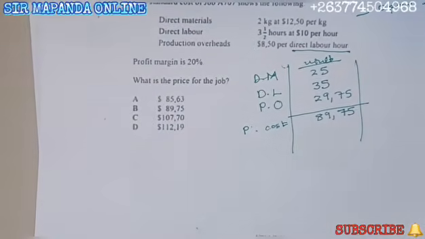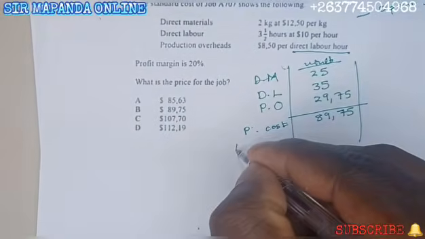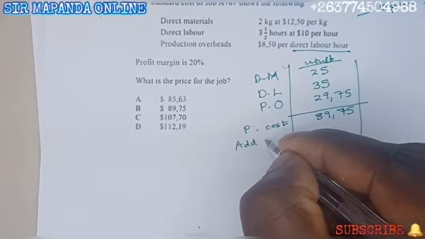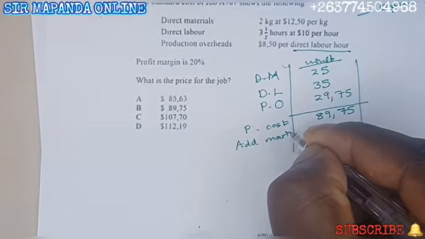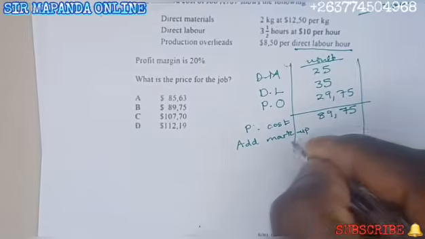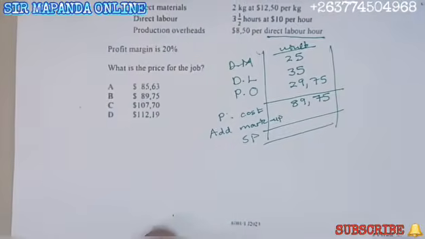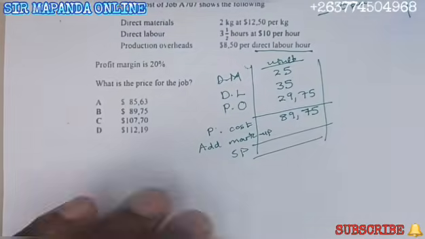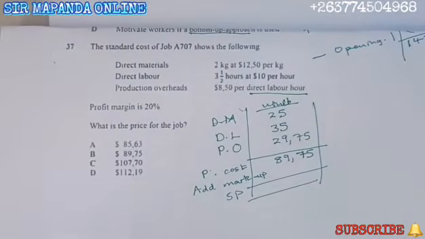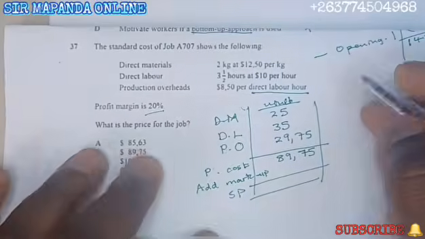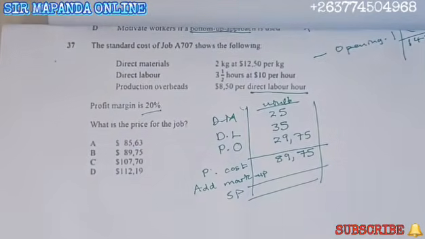So to get the selling price, you need to add markup to the cost. For you to get the selling price, you need to add a markup to the cost. So we are given margin of 20%. So we need to convert 20% margin to a markup percentage.